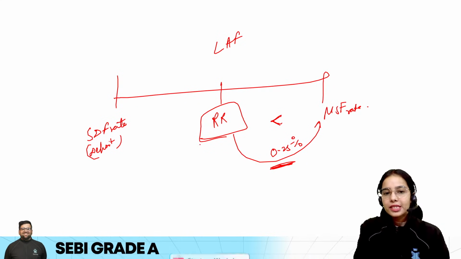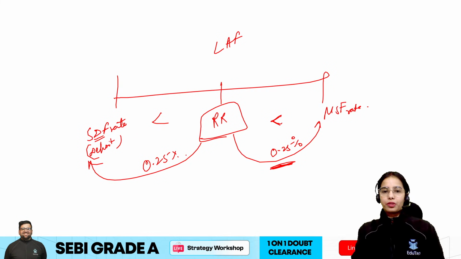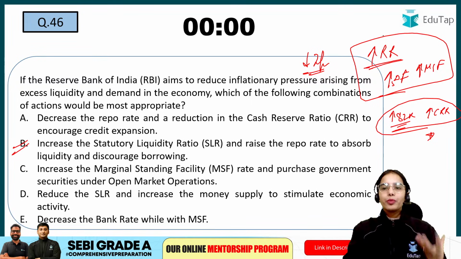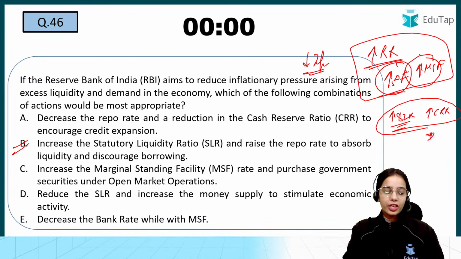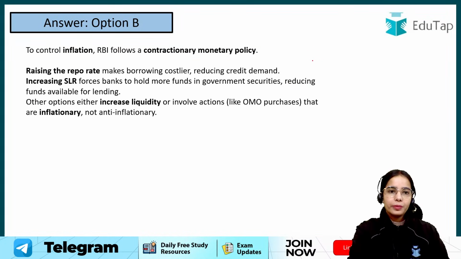The SDF rate is less than the repo rate by 0.25%. So if the repo rate is increased, the SDF rate and MSF rate will also increase, and inflation can be controlled. This is the idea.